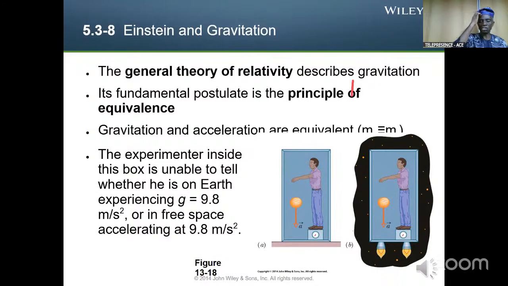Like I mentioned earlier on, when we look at the fact that the Earth is rotating, that rotation has nothing to do with gravitation from the Newtonian point of view. It's just a motion, moving in a circle. If you are moving in a circle, there is a force. You are accelerating.